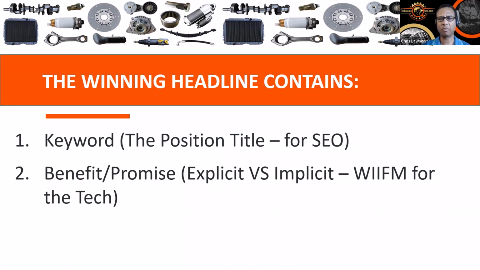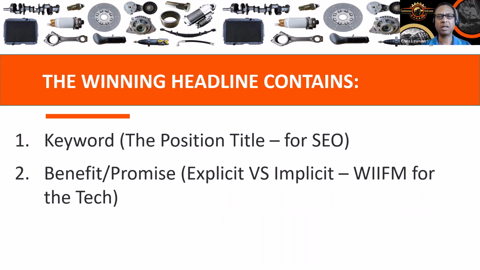An explicit promise is something like no weekends or $5,000 sign-on bonus. That's explicit. That's actually what you're going to be offering and what they can expect. Implicit is something that's implied. So an implied benefit would be something like independent shop or family-owned shop. Family-owned isn't really a specific benefit, but there's an implication there.